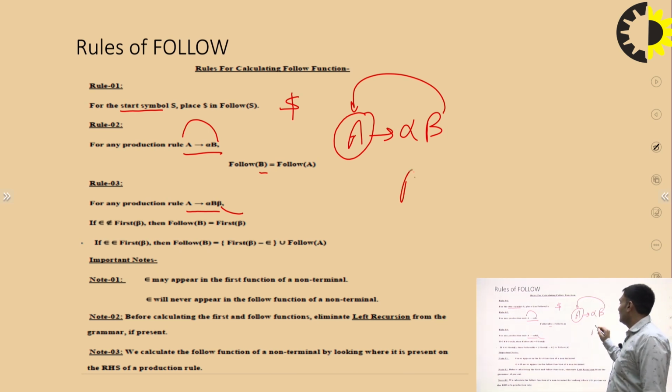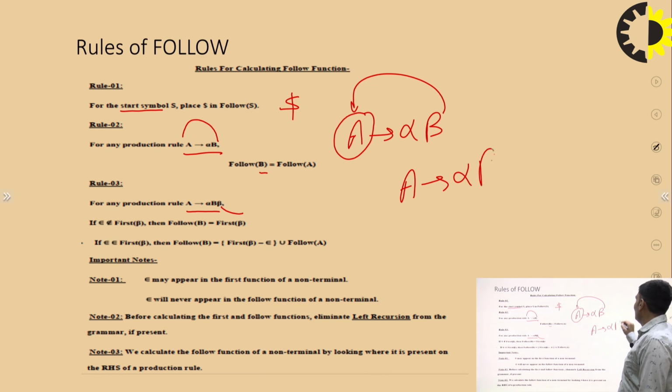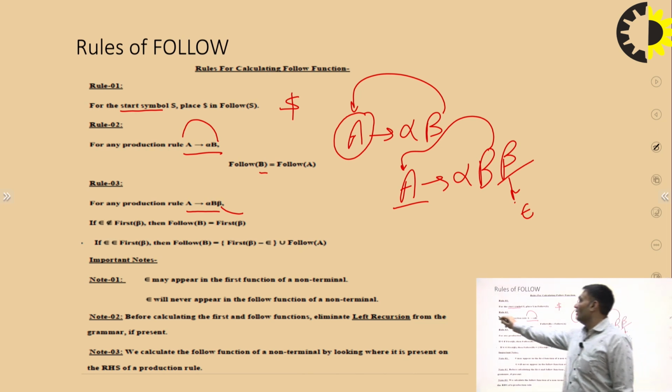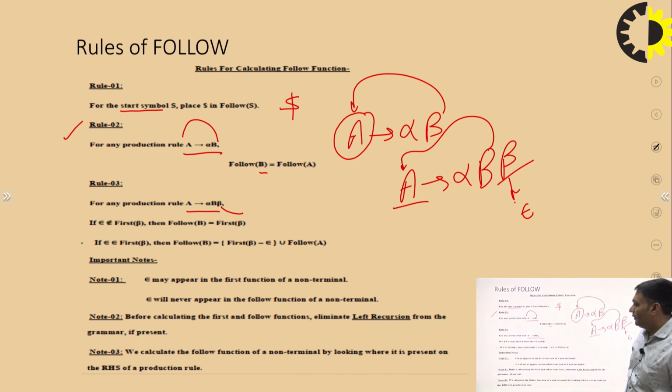For example, there is a rule alpha B beta. If it is a terminal, then it's okay. Then the follow of B will be this beta. And if this is not a terminal, then we will check what is the first of this non-terminal. Then the first of this non-terminal will be the follow of B. And if this beta is producing epsilon, then the follow of B will be the follow of A, as per rule 2, right?